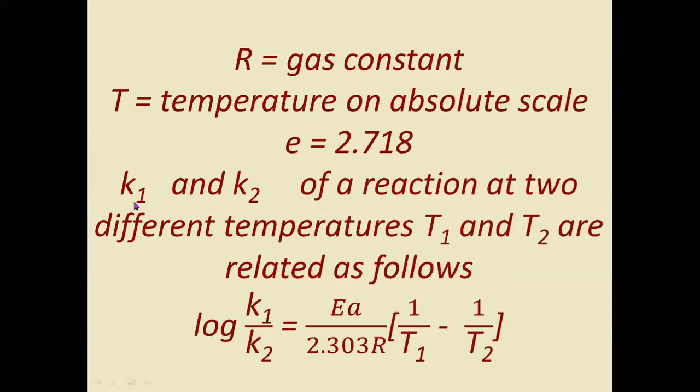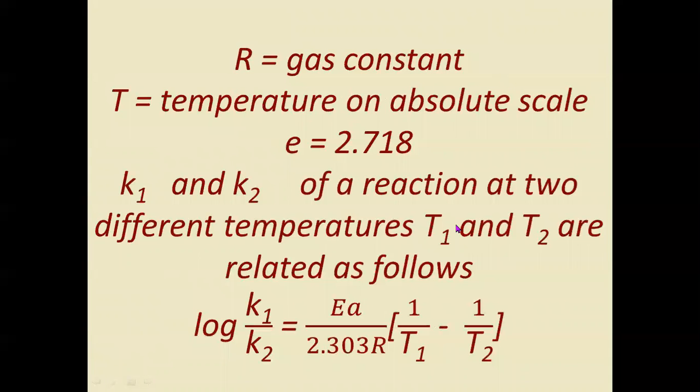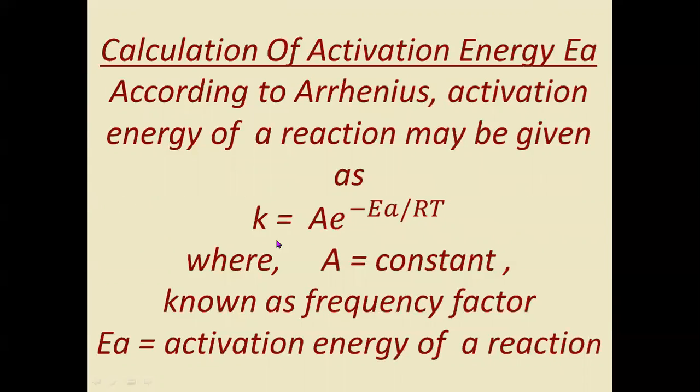Now, K1 and K2 of a reaction at two different temperatures T1 and T2 are related as follows. Here T means temperature. If we are taking two different temperatures T1 and T2, naturally their rates will be different and the value of K will be different.